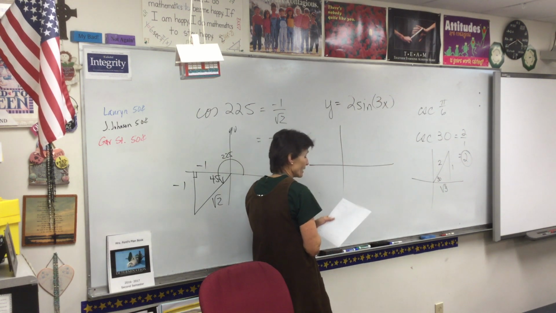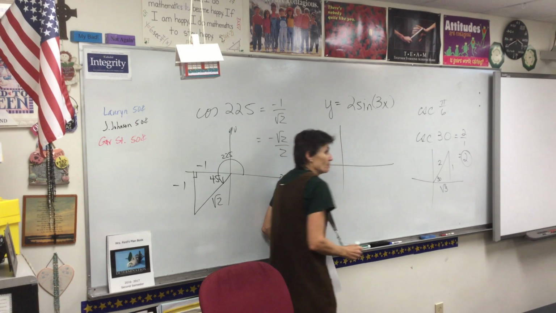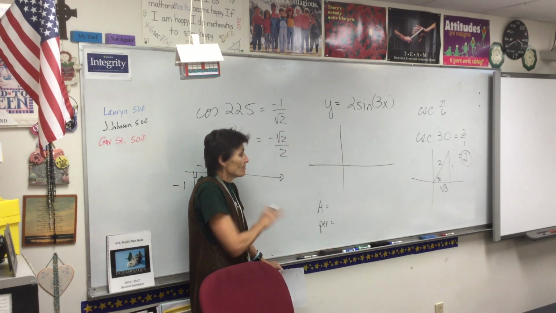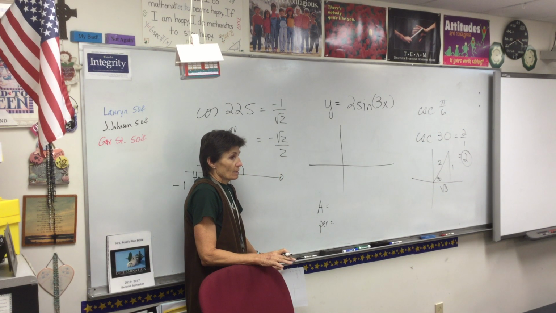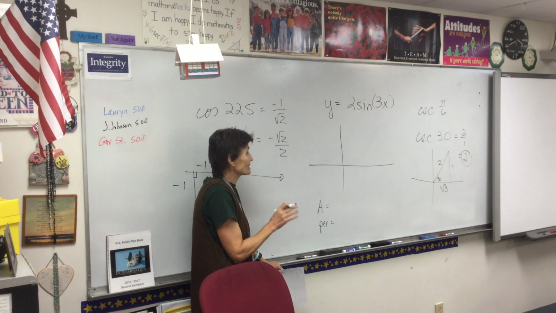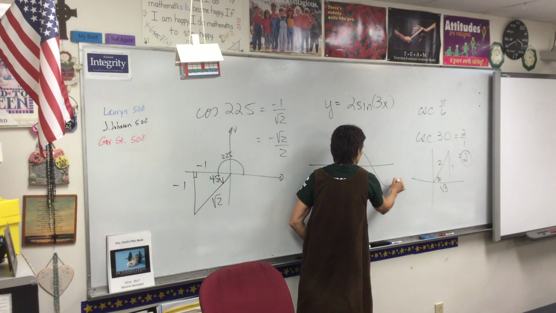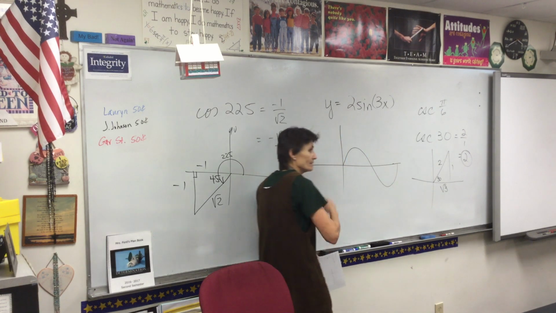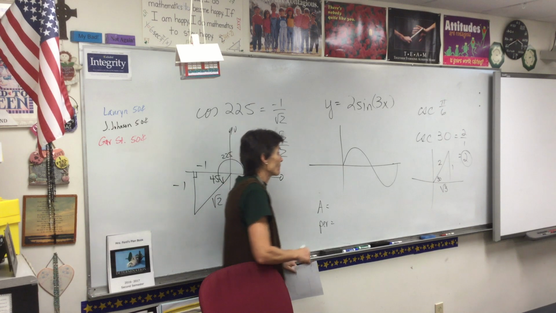On the back, you've got some sketches. So not only are you going to have to sketch, but you're going to have to list the amplitude and the period. This should not be a challenge for you. You get half credit for the sketch if you just draw the shape right. This is a sine. It's going to be a hill and a valley. That's it. So that's half credit for the picture.